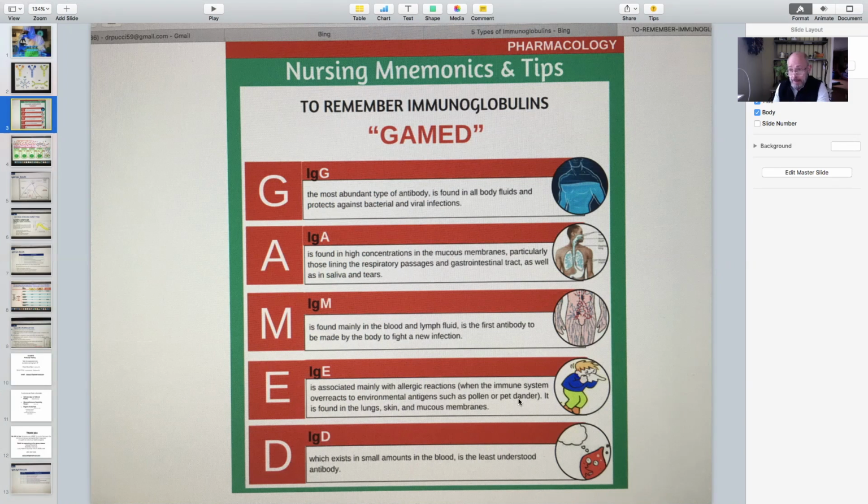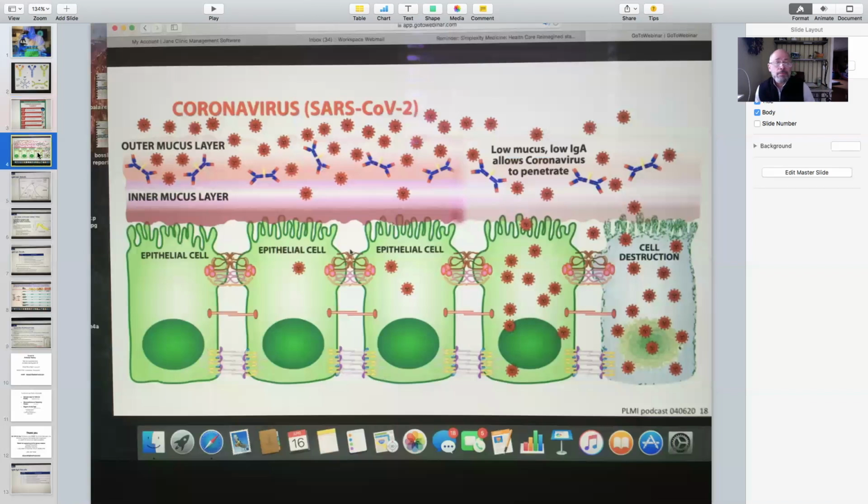Or if someone has a peanut allergy, they eat the peanut, within seconds they're having a major flare. That's your IgE reactions. And again, very little is understood about the antibody IgD. So for our purposes with COVID-19, the IgDs and the IgEs are not relevant. These are the players, IgG, A, and M, that are the players when it comes to antibody testing for COVID-19.